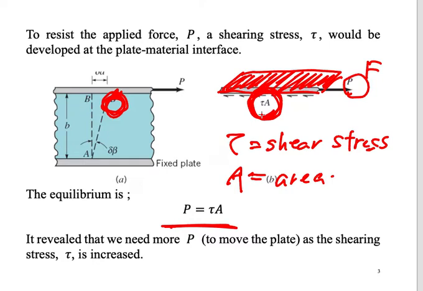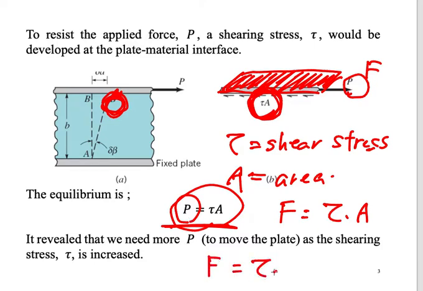So in equilibrium, we could write force F is equal to tau A. Certain textbooks use capital P to show the force. However, in our class I would like to use F to represent the force. So the mathematical relationship here is force is equal to shear stress tau times the area.